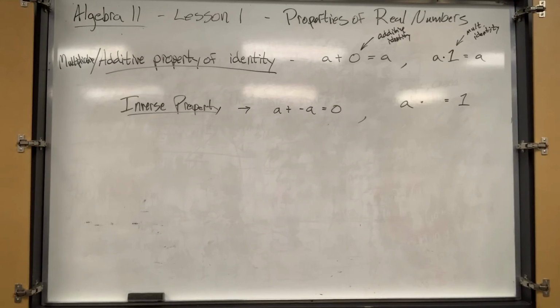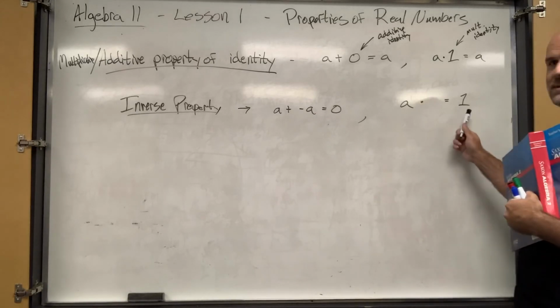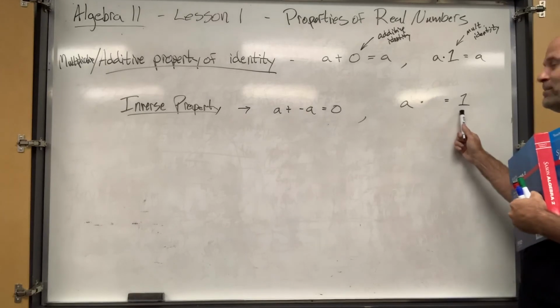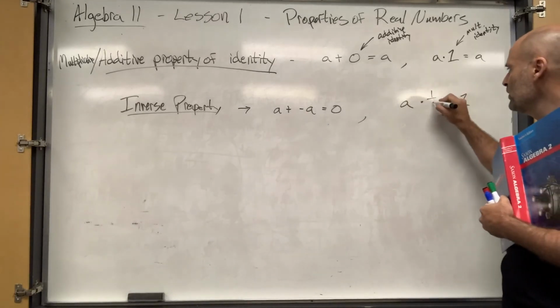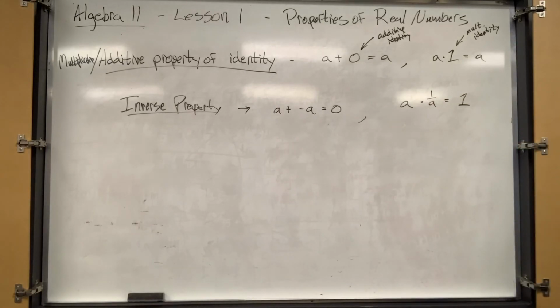What was the question again? What do you have to multiply by a number to get 1? Let's go backwards: answer divided by factor, or 1 over A. What's 5 times 1/5? 1. What's 6 times 1/6? Good.